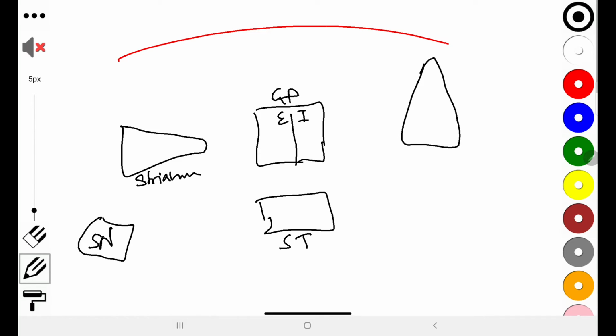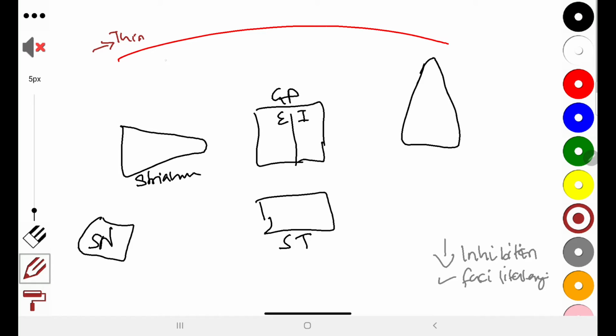So remember that the overall thing that you want to do here is to reduce the inhibition. The final thing that you want is to have some facilitatory movement go on. Alright, so you will think, and then there will be stimulation.